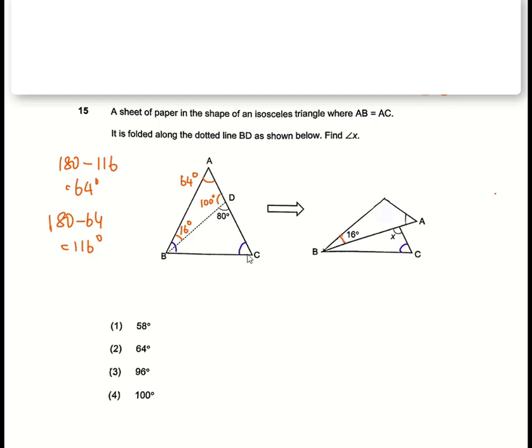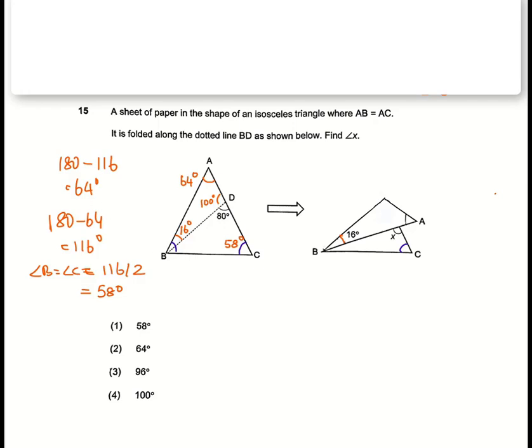And that is the sum of B and C. And we know they are equal. So angle B equals angle C equals 116 divided by 2. So that is going to be 58 degrees. So this whole thing here is 58 degrees.